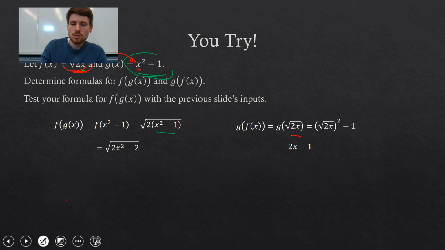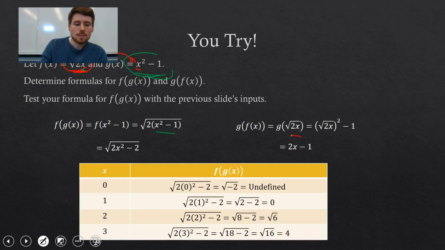So we're going to square root 2x and then take away 1. So we get 2x minus 1 as the answer. So that looks a lot like a linear equation. And so if you had tested your formula, you should have gotten the same set of answers as before. Undefined for 0, 0 for 1, root 6 for 2, and 4 for 3.